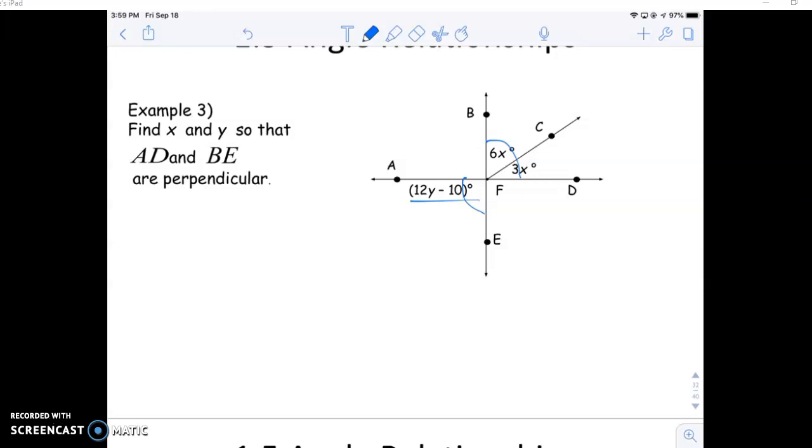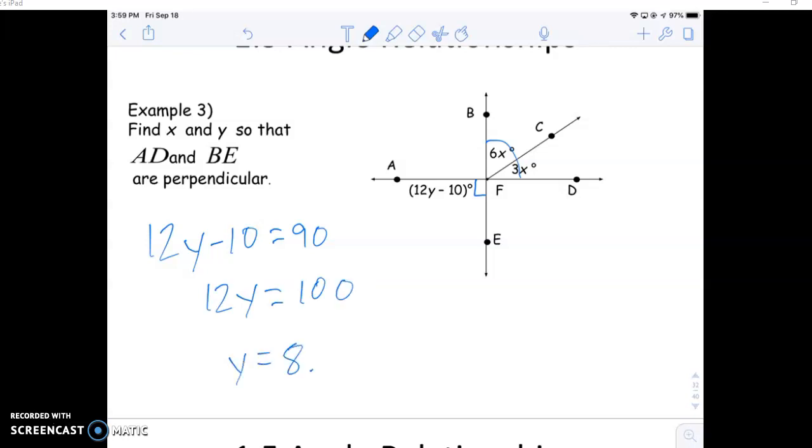So if we want to prove that this is perpendicular, that this forms a 90-degree angle, I'm going to go 12y minus 10 equals 90. If I add 10 to both sides, I get 12y equals 100. Divide each side by 12, and we get y equals 8.3 repeating. I'm just going to write 8.3. So that's y.